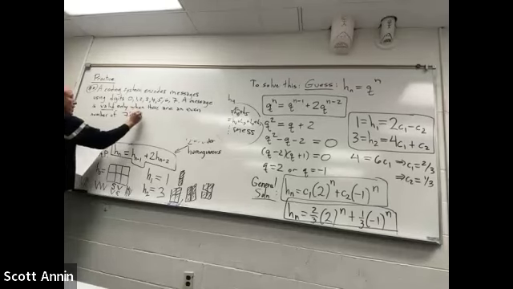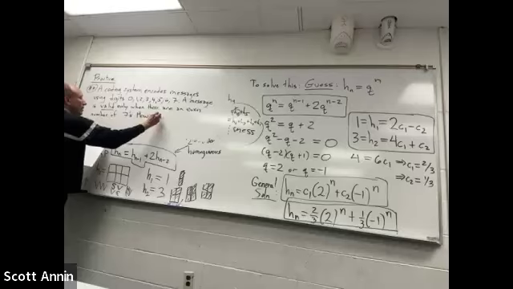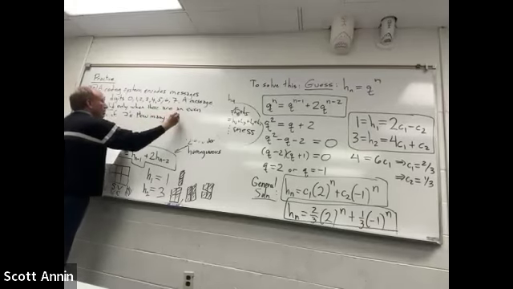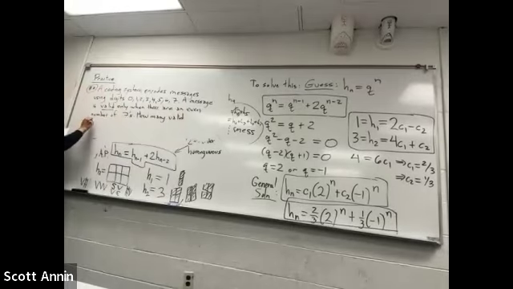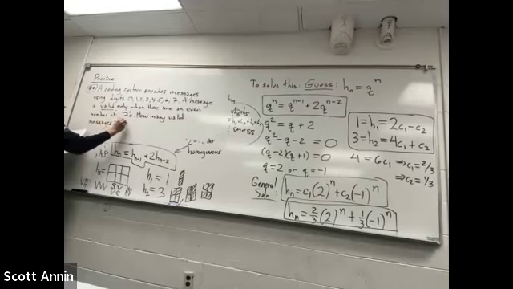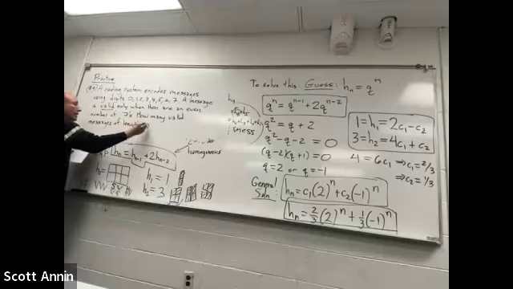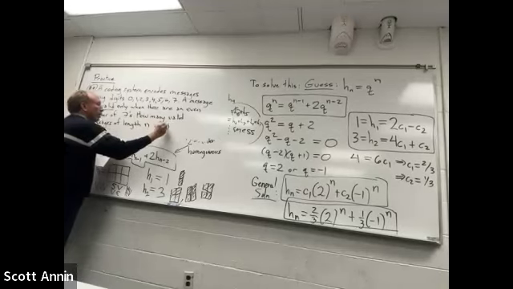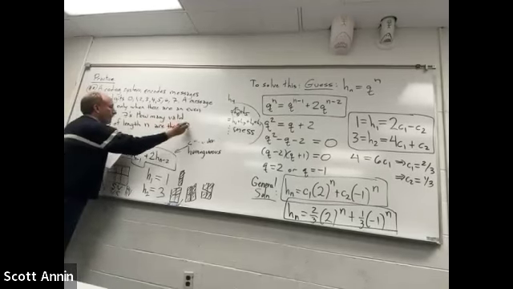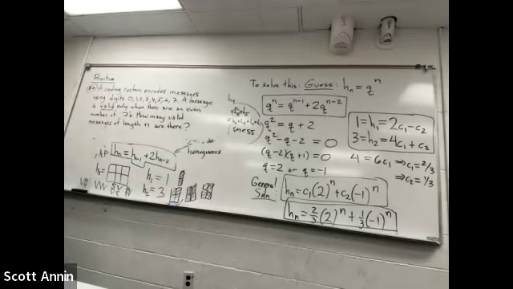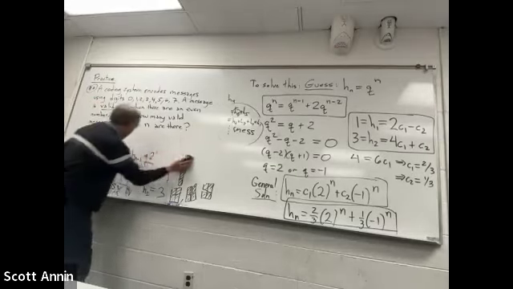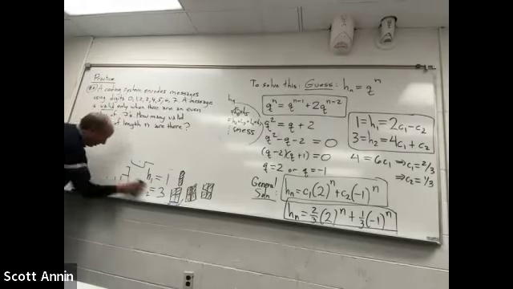And then the question is, how many valid messages of length n are there? Let you guys write that down while I erase the rest of the board here. How many valid messages of length n are there?